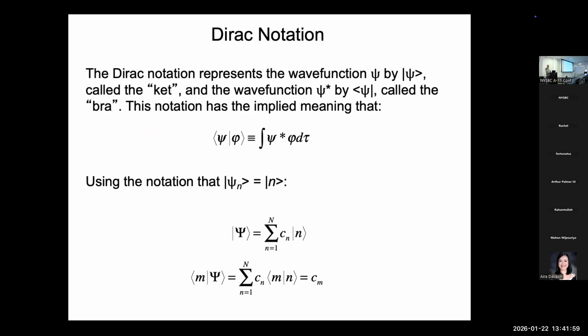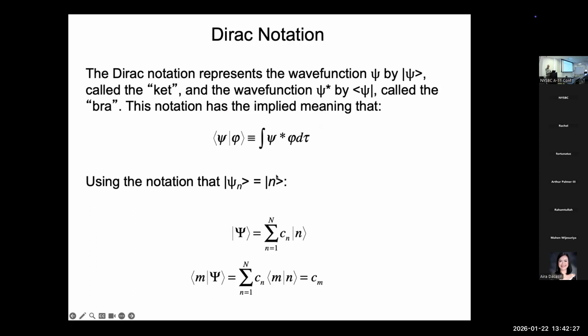I'm going to get tired very quickly of writing psi. And Dirac came up with a shorthand in which we just indicate the nth wave function by this symbol with the vertical bar, some quantum number, and then this angle bracket.